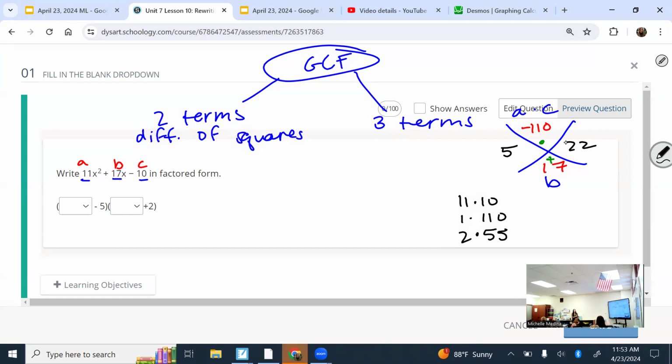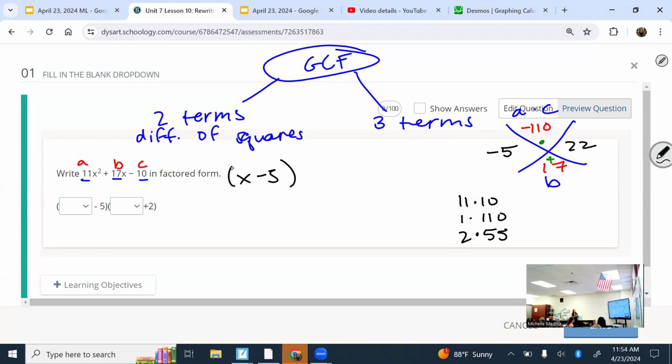The 5 would have to be negative. If it adds to a positive, the negative would have to be on the smaller number. Ethan? Okay, so then from there, this is my answer so far.